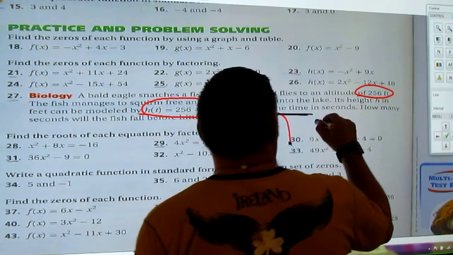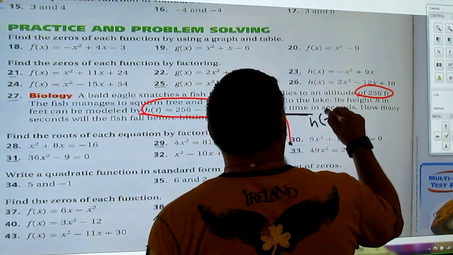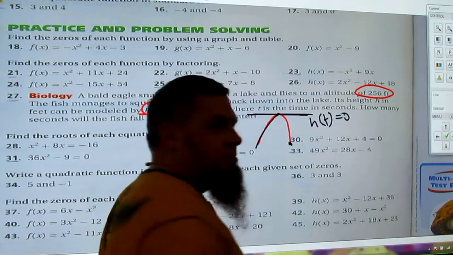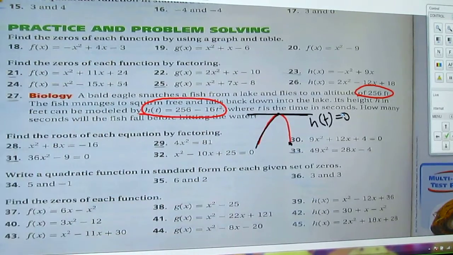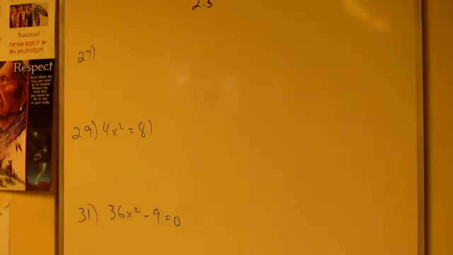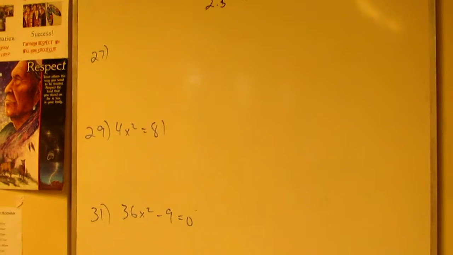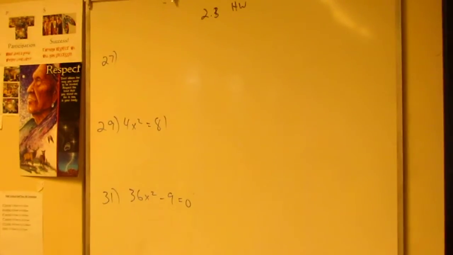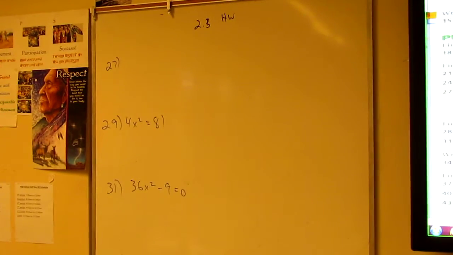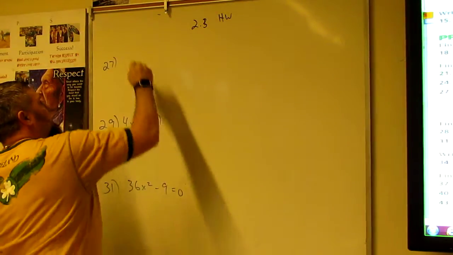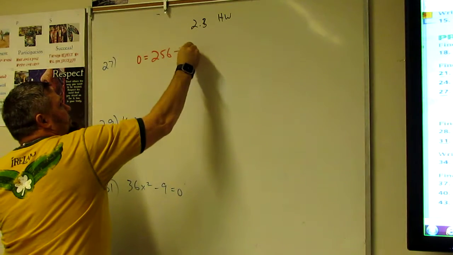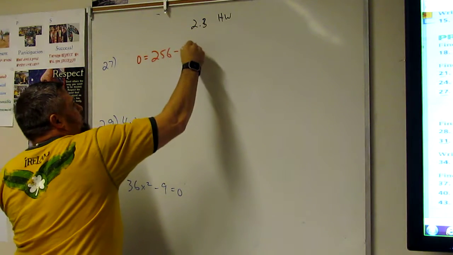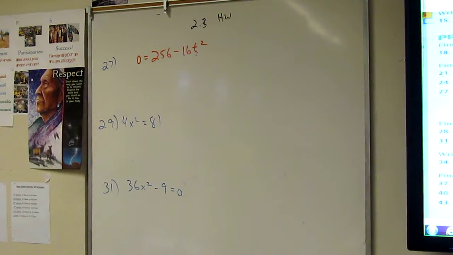So we're just going to set up h of t is equal to 0. So then in that case, it's pretty simple. We're going to come over here. We're going to set up 0 is equal to 256 minus 16t squared, right?